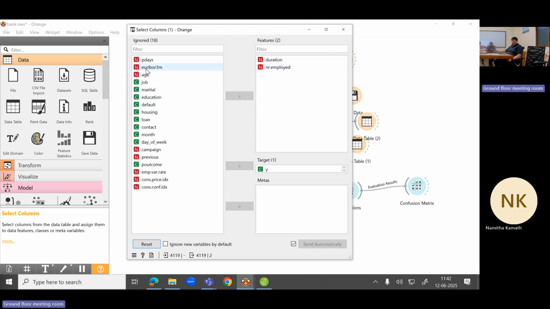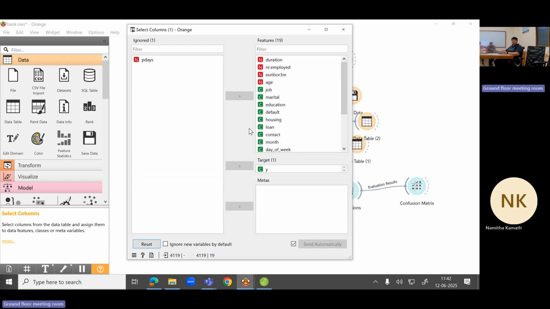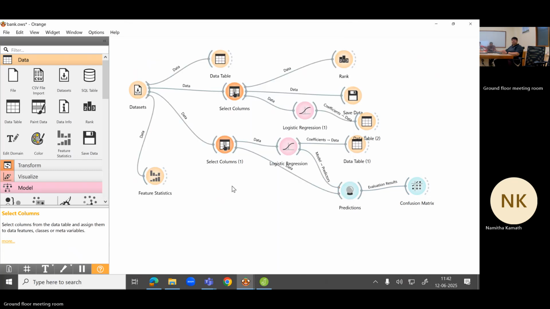Let's go back with the complete data set again, the complete variable list. But now my objective is not only checking one of them and seeing the values, but rather making a choice of the model itself, which will give me better accuracy.